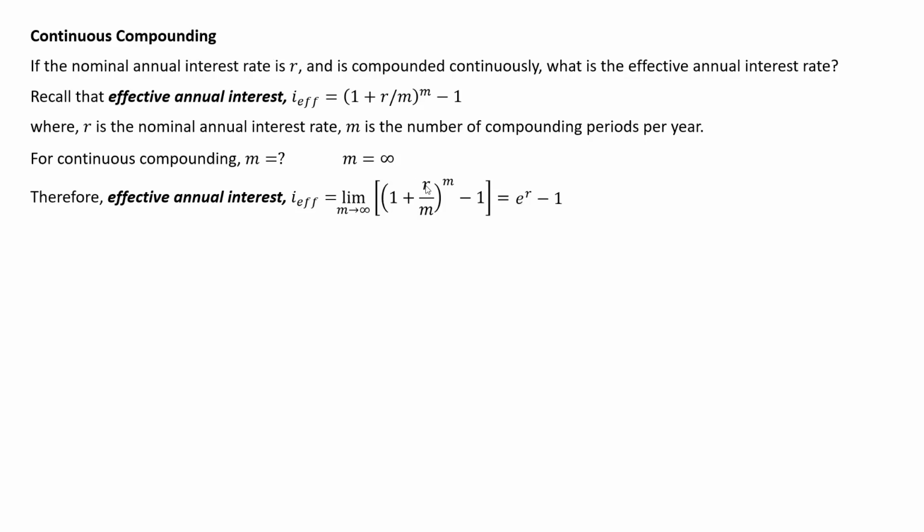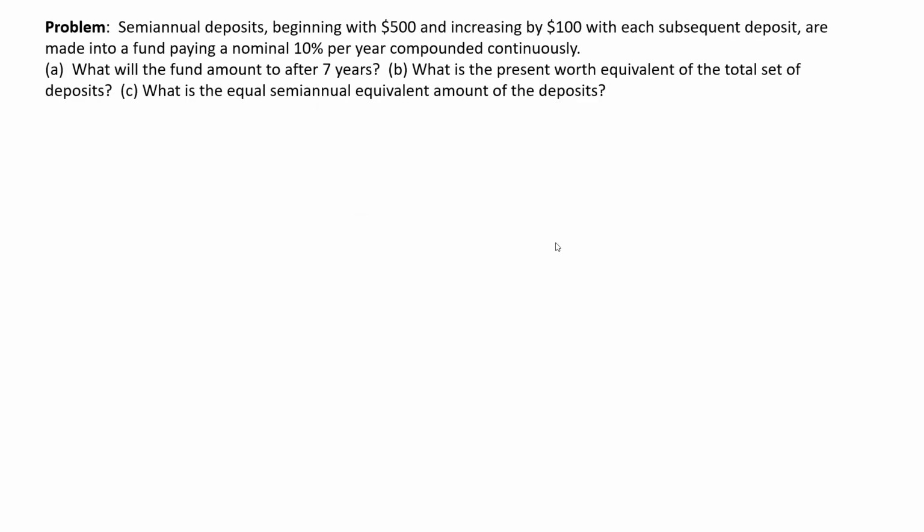But since the numerator is r, it turns out that would be e to the r. And so the effective annual interest rate compounded continuously is e to the r minus 1. Very important formula. Let's do a problem based on that.